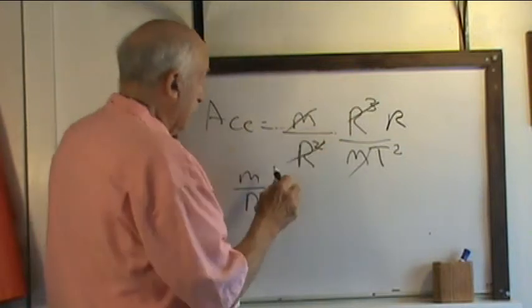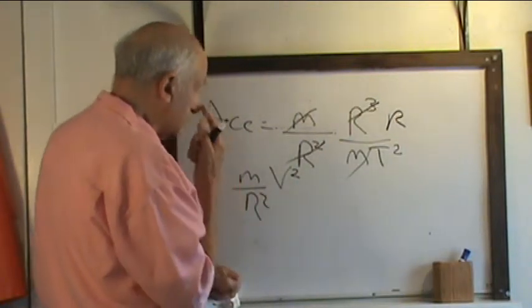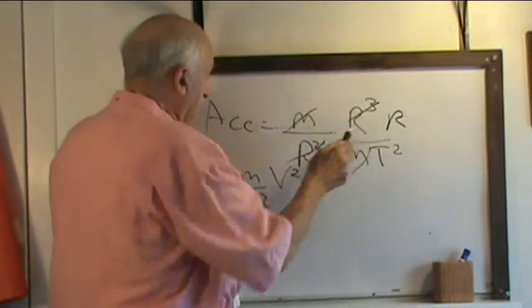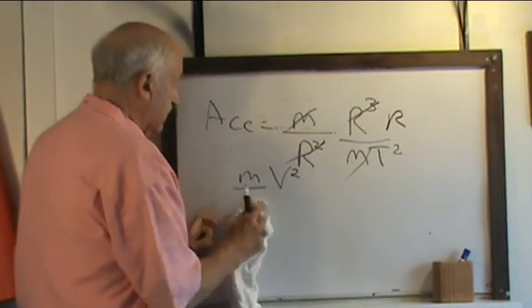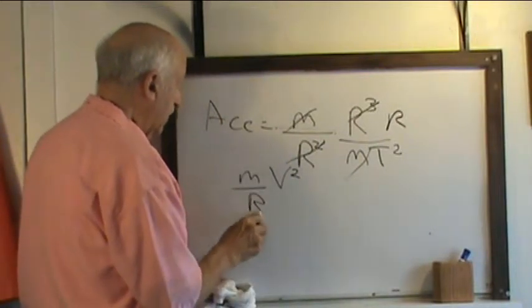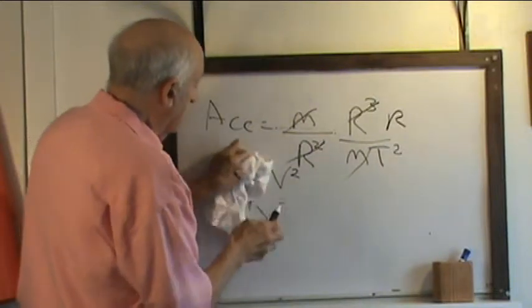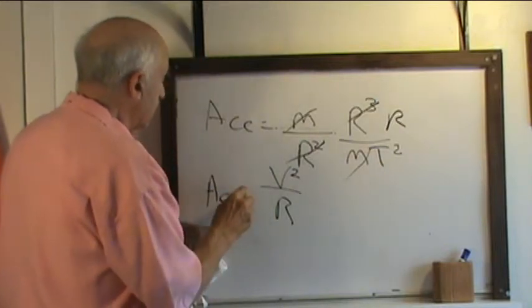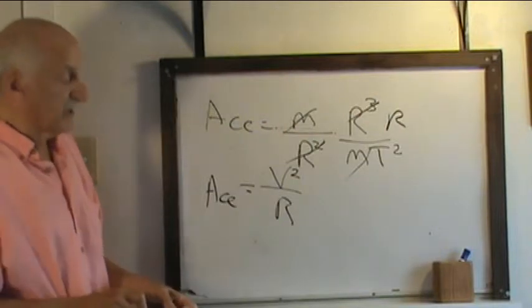So this is equal then to the velocity squared, and then that r cancels out one of these r's and makes this r, and the m has already been cancelled out. So we've now got something very interesting, that the acceleration between the moon and the earth is equal to v squared over r.